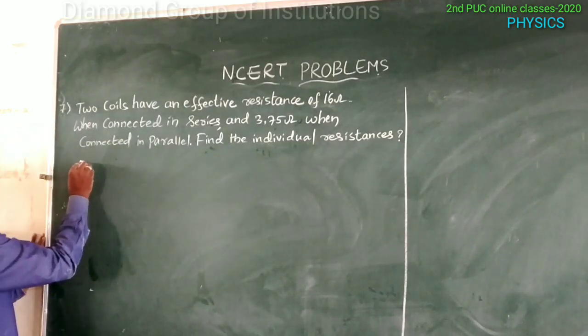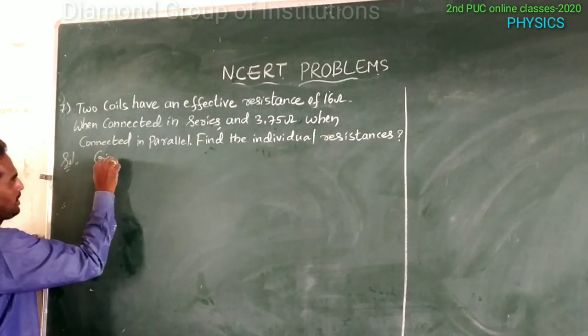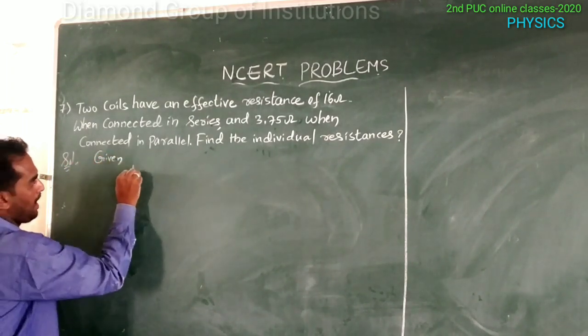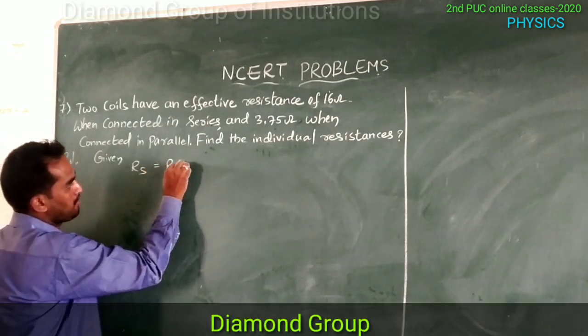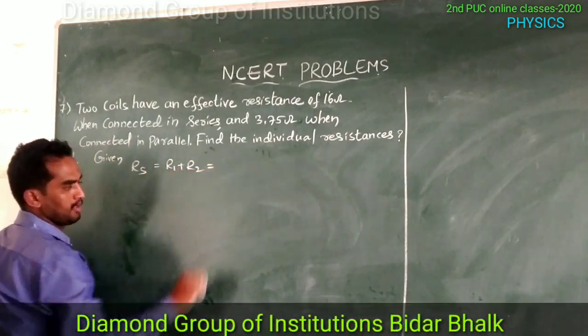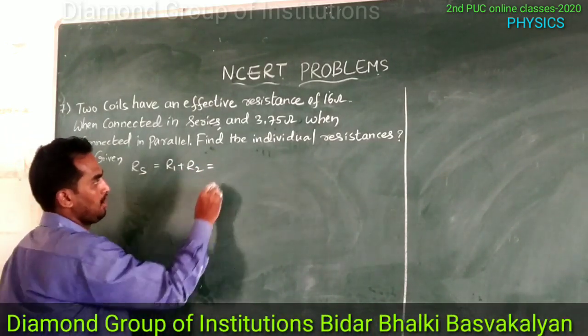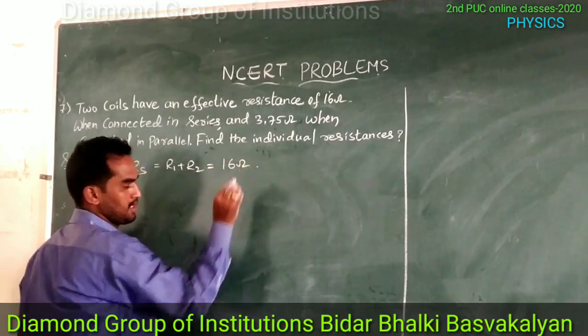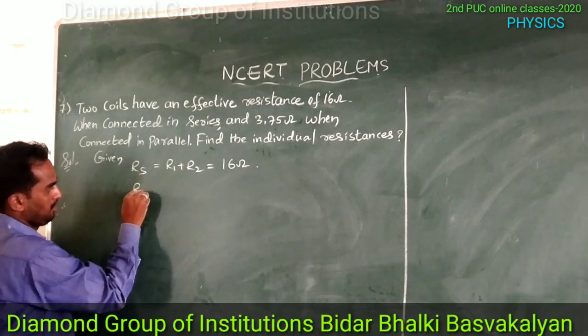And see here, solution. Given that Rs equal to R1 plus R2, that is the connected in series formula, and the value is given here, 16 ohm. Next, Rp.